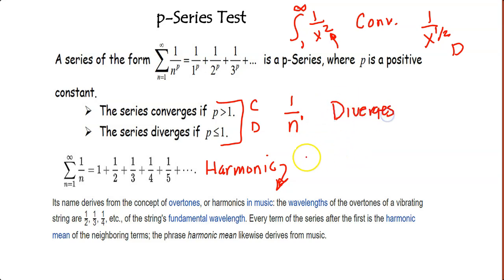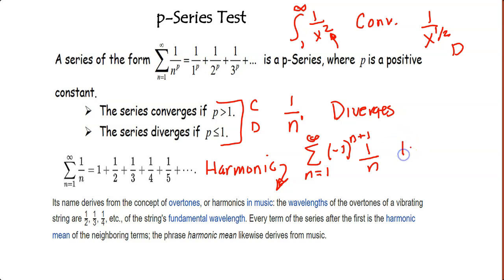But we also have something called the alternating harmonic series. And since we have negative 1 to the n plus 1, let's say, from n equals 1 to infinity of 1 over n, this would be a similar series to the harmonic series, except that the terms would alternate.